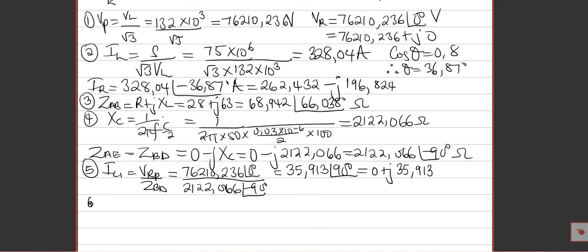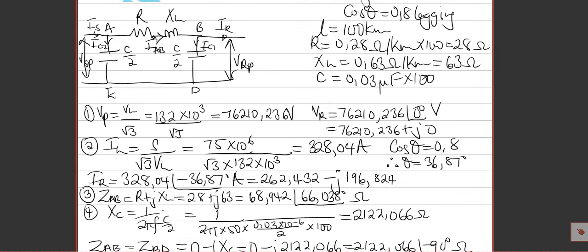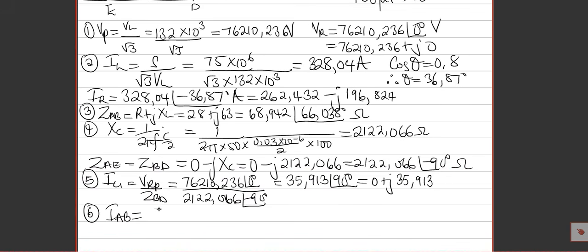Step number 6 is to find IAB. For IAB, you add IC1 plus IR. Now what I'm about to do is not substitute all these values; I'll add them as you see them here.